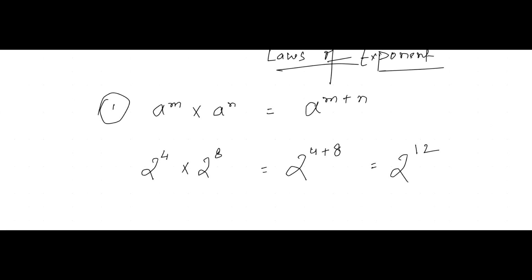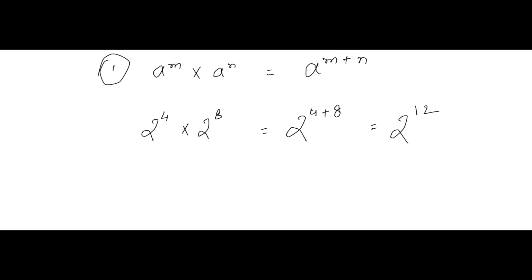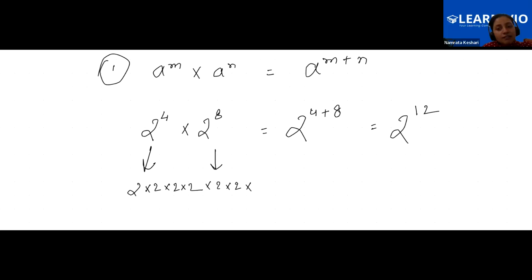Basically, where it comes from: 2 to the power 4 is 2 into 2 into 2 into 2, and 2 to the power 8 means 8 twos multiplied together. If you count all the twos, there are 12 twos, and that's why the answer is this one.